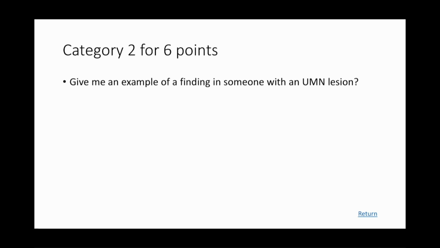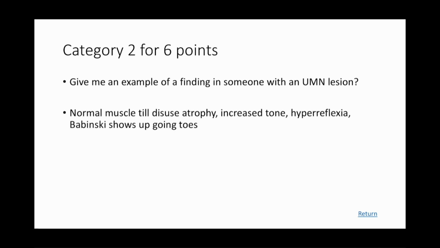Hyperreflexia. Positive what? Babinski. Okay. Normal muscle until disuse atrophy. Increased tone, hyperreflexia. Babinski shows upgoing toes. So these are for upper motor neuron lesions.